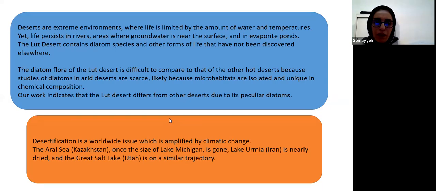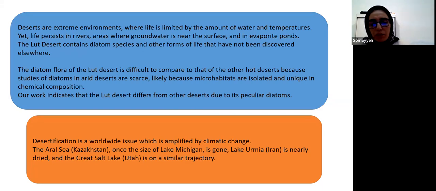The diatom flora of the Lut Desert is difficult to compare to that of the other hot deserts because the studies of diatoms in arid deserts are scarce, likely because microhabitats are isolated and have unique chemical composition. Our work indicates that the Lut Desert differs from other deserts due to its peculiar diatoms.